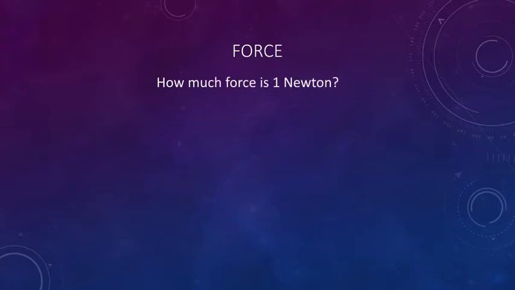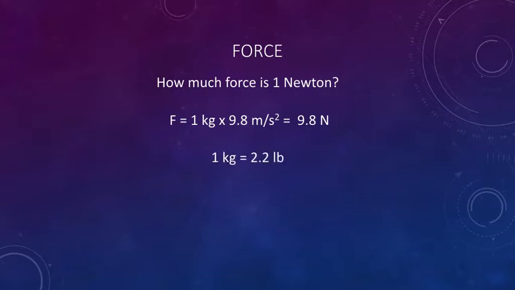So how much force is 1 newton? The force caused by gravity pulling on a 1 kilogram mass would be 1 kilogram times 9.8 meters per second squared, or 9.8 newtons. We said before that 1 kilogram equals 2.2 pounds.